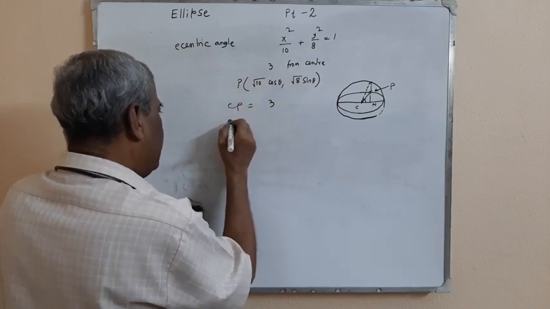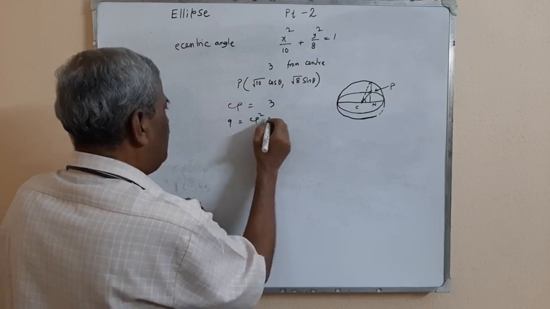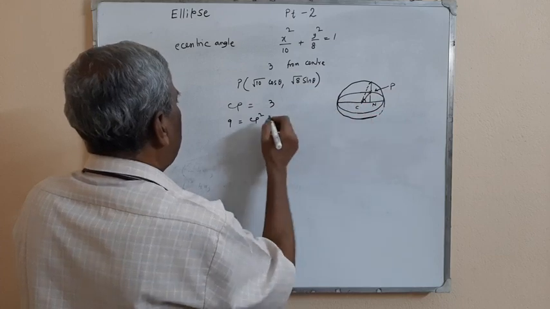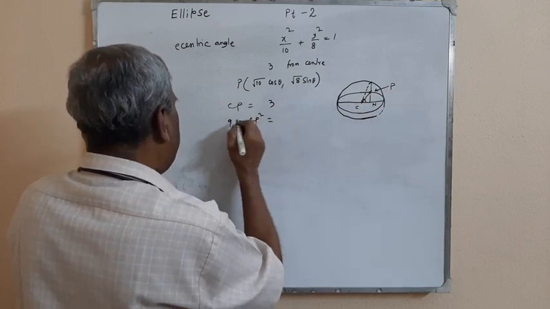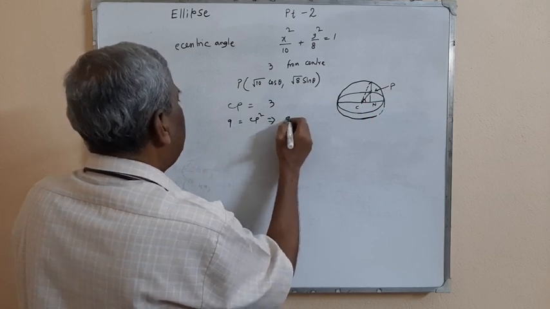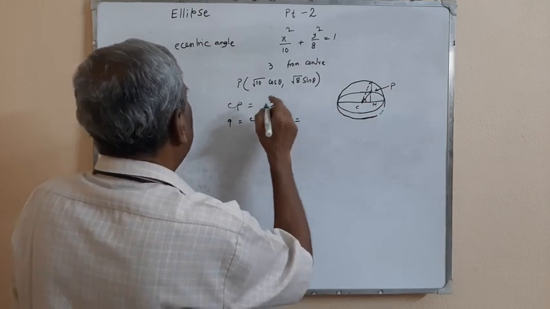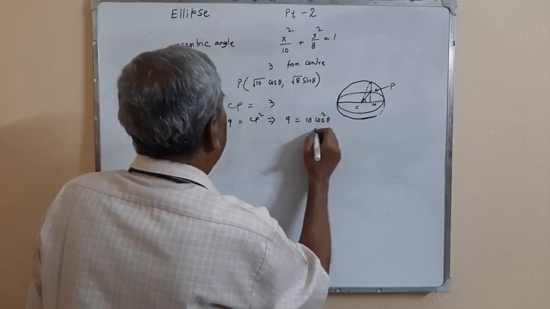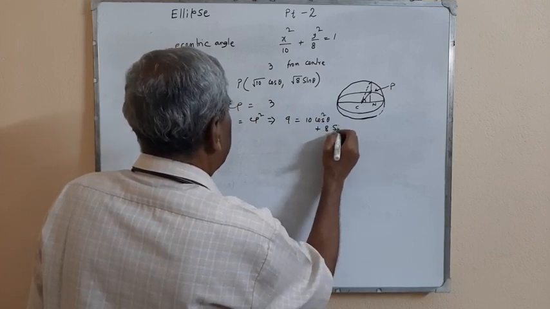Our condition is that the distance from the point P to the center C, CP, is equal to 3. That is, 9 is equal to CP square, where the center is 0, 0. So 9 is equal to CP square, which is 10 cos square theta plus 8 sin square theta.